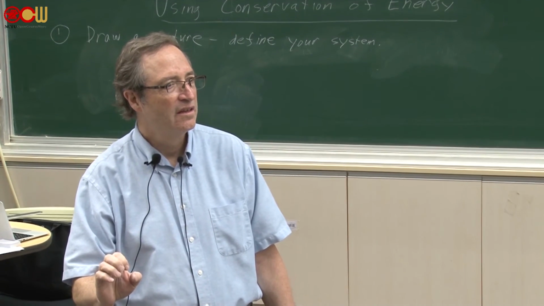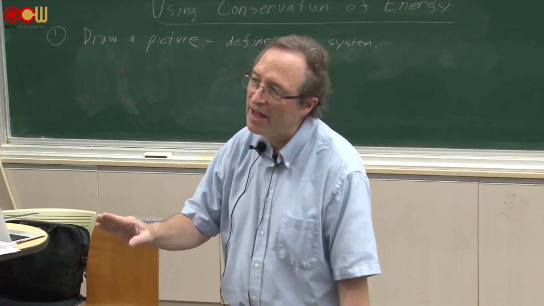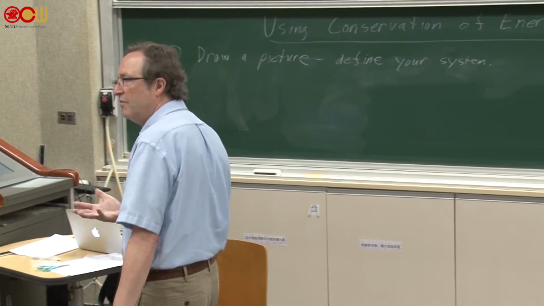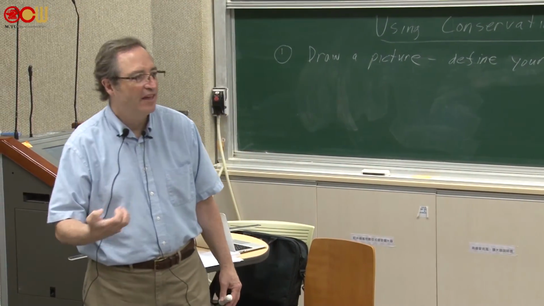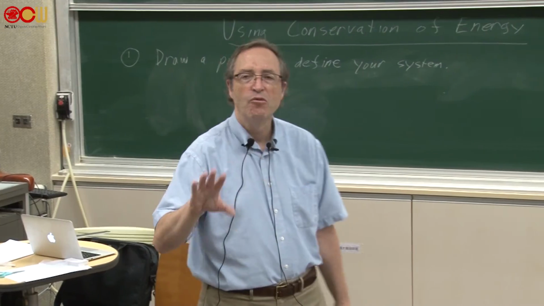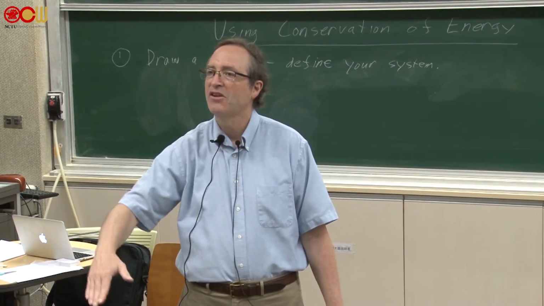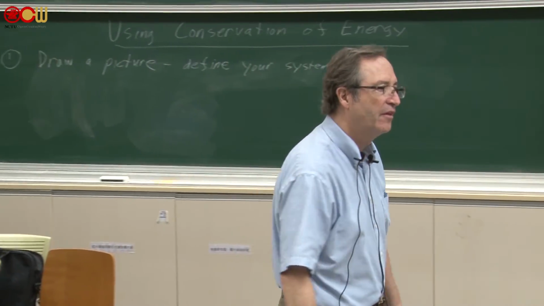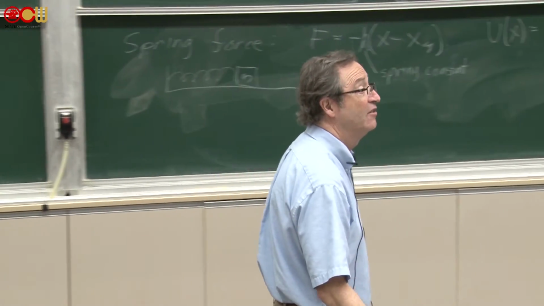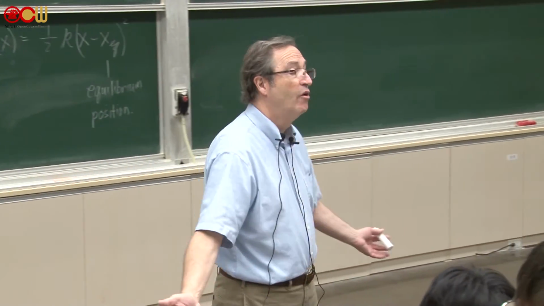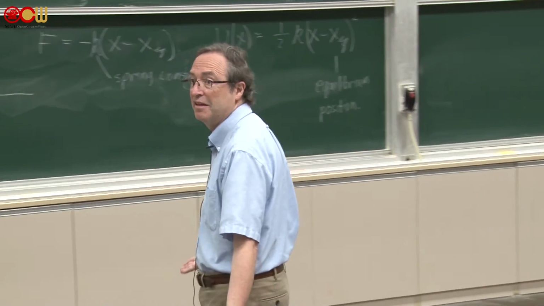All right? I mean, there are more subtle ways you can think about it. You can think of the Earth as your reference frame, and everything is relative to the Earth. So in which case, the Earth's motion is always zero, right?